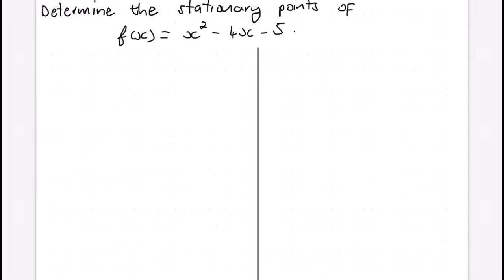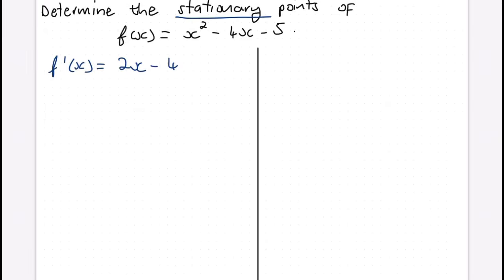Now, I'm going to use a method that we used last year to find the stationary point. Then I'm also going to use a method we use this year. If you wanted to find the stationary point of f of x here, where f of x is equal to x squared minus 4x minus 5, you'd start by finding the first derivative, f prime of x, and that would be 2x minus 4.